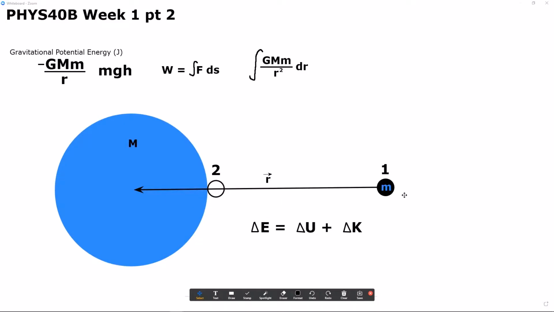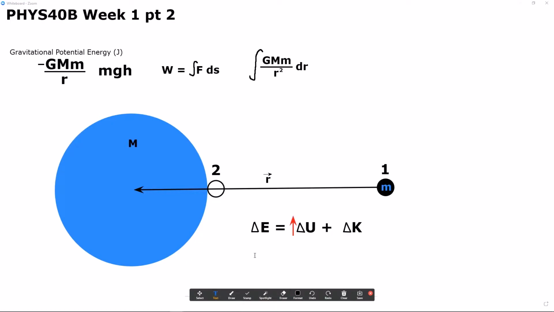And as we mentioned, our potential energy, if we just assume this is positive for the moment, is going to be increasing because, again, r is big here, so the potential energy is really small. And over here, r is small, so the potential energy is large. So if we go with our assumption then that the potential energy is going to be increasing as we go from state 1 to state 2, what about the kinetic energy?